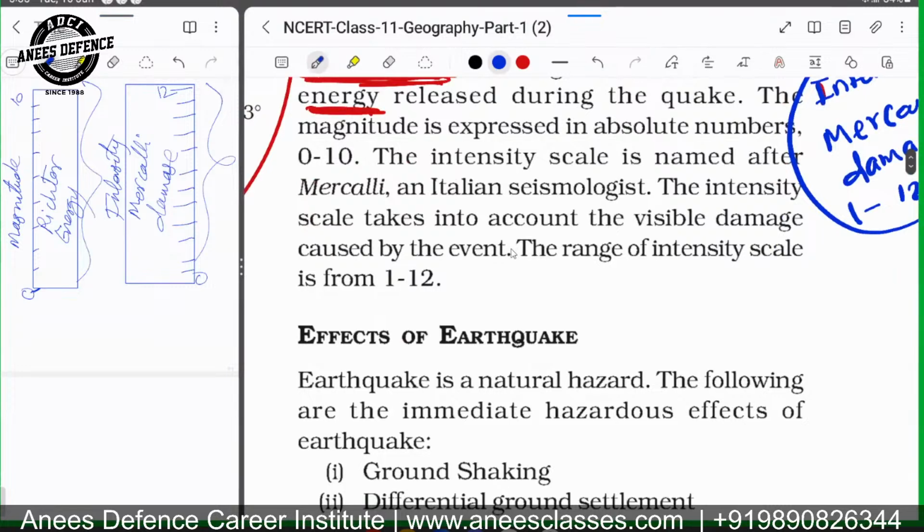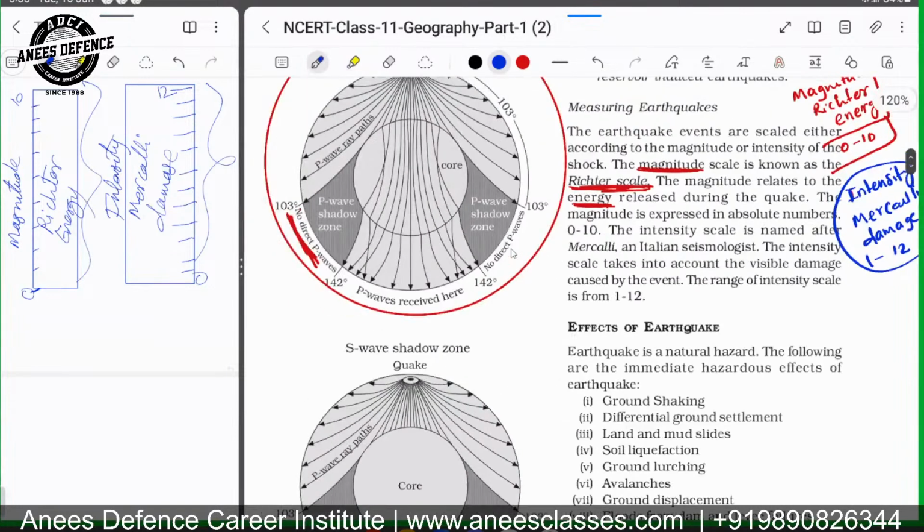You know the effects of earthquake. You know what an earthquake is? It is the shaking and trembling of earth.